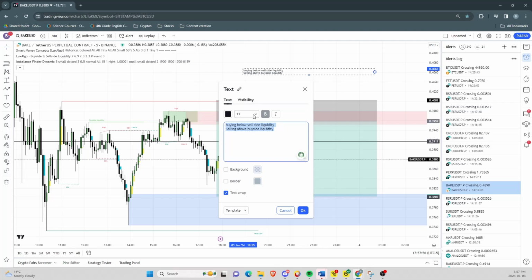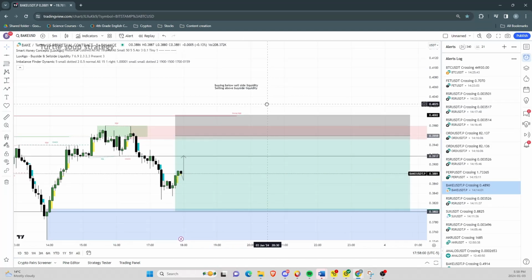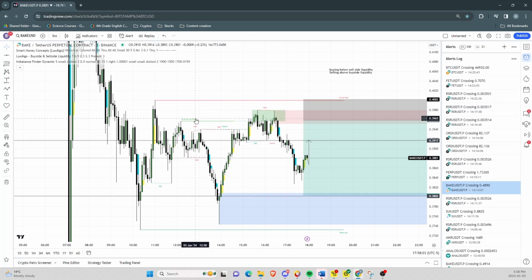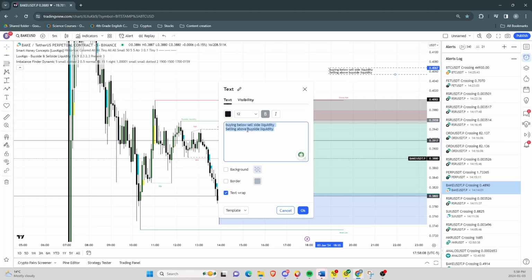Okay, so what do I mean by that? So here you have buy side liquidity. I'm sorry about that, I should sell below buy side liquidity and buy above sell side liquidity.